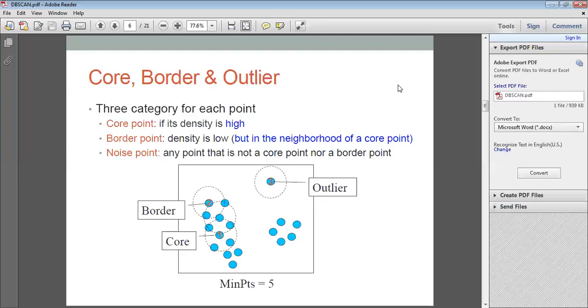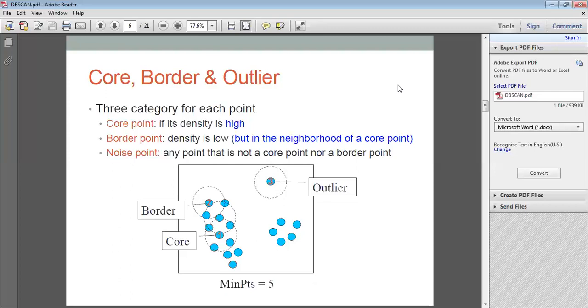It satisfies the min point criteria, so 1 would be considered a core point. But point number 2, which has just 3 points in its neighborhood, does not satisfy the criteria of a core element, because 3 is less than 5.